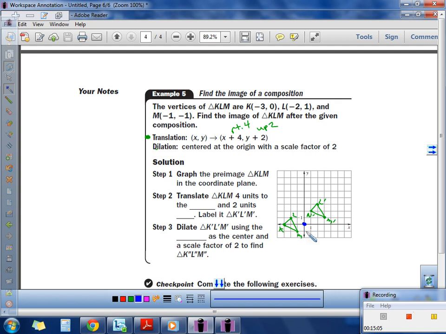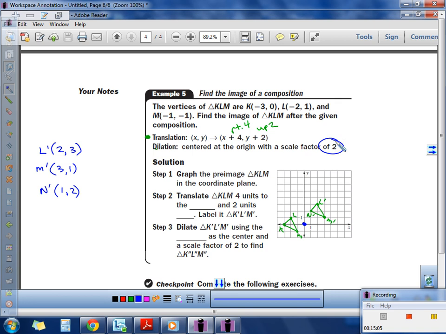One way is to write down these coordinates. So let's write them down real quick. L prime is what? 2, 3. M prime is 3, 1. And N prime is 1, 2. Well, usually what do we do with scale factors?